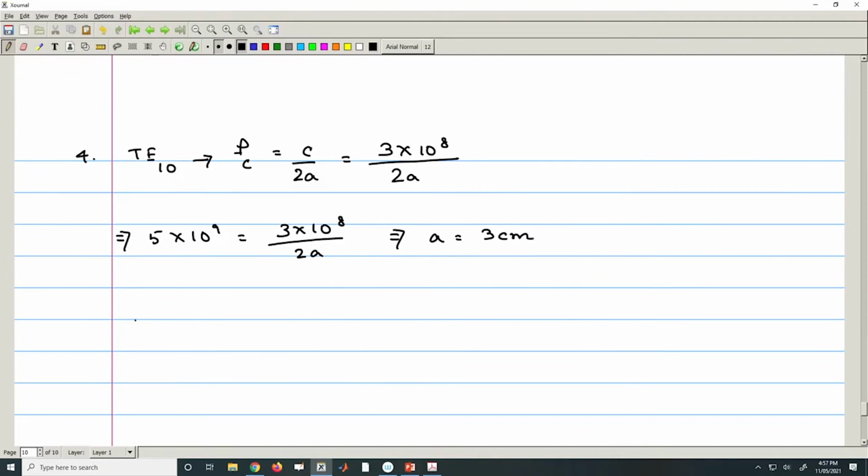Similarly for TE01 we will get Fc as C upon 2B, and thus for TE01 the cutoff frequency is given in the question as 12 GHz. So we will write 12 GHz is equal to C upon 2B.